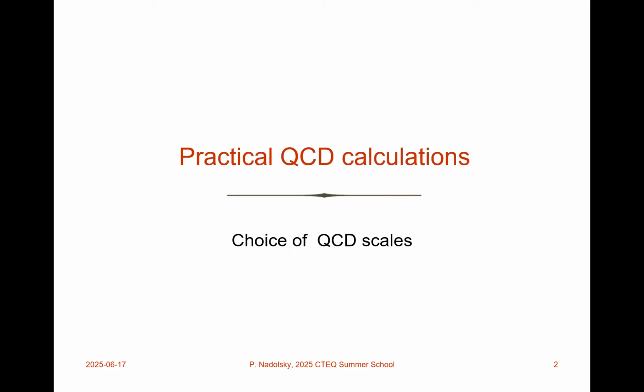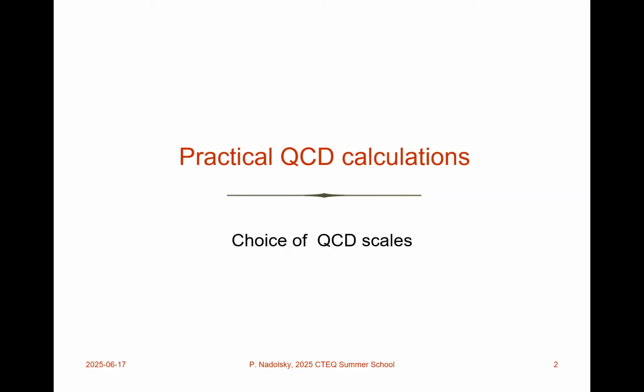And now let's ask why we need to set mu R and mu F of order Q. Generally speaking, the hard cross section will contain logarithms of any kind of dimensionless ratio. So it will contain log Q squared over mu R squared, and it will contain log Q squared over mu F squared, and these can be raised to some arbitrary power depending on the specific type of the contribution.